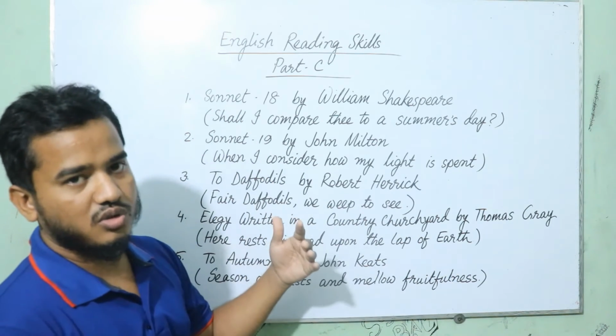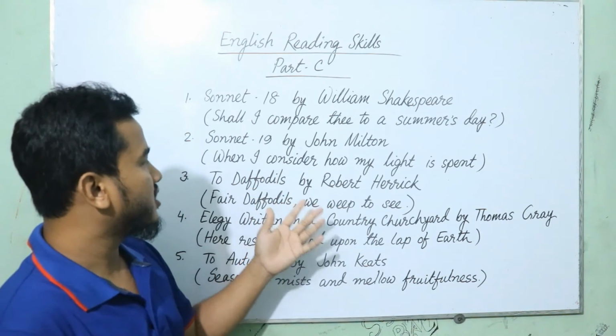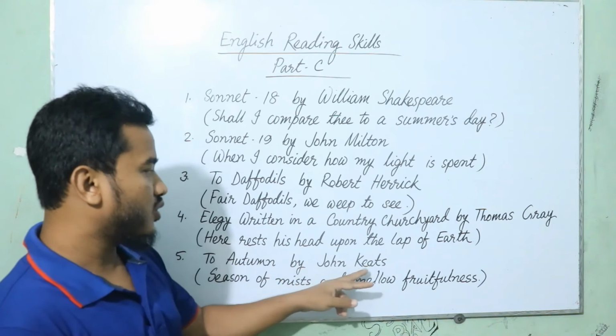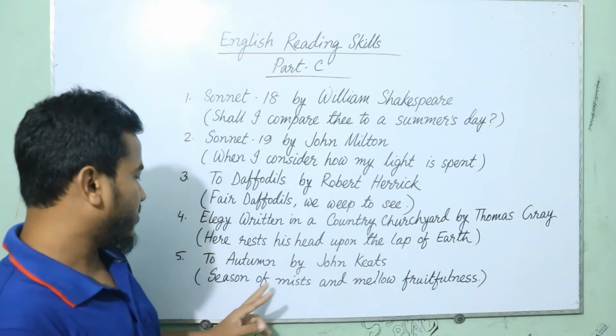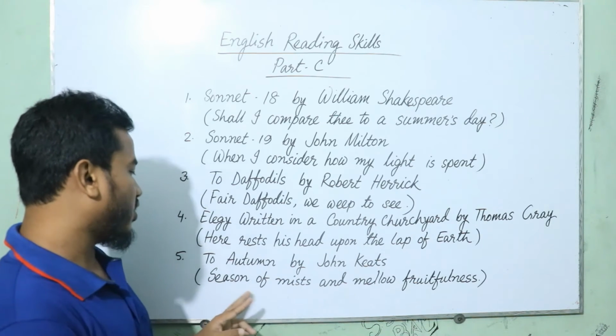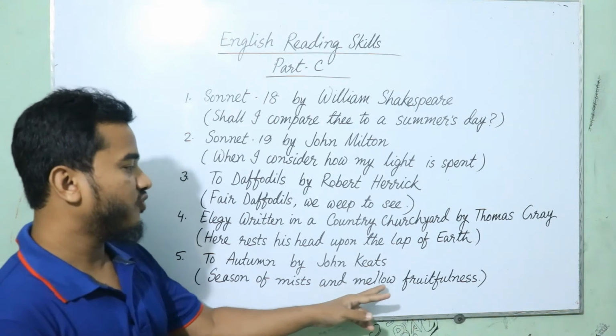It is also not a sonnet. To Autumn by John Keats is our last poem, and the first line is, "Season of mists and mellow fruitfulness."